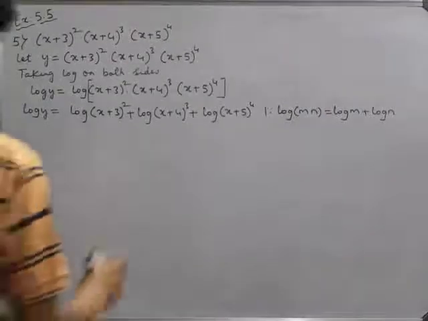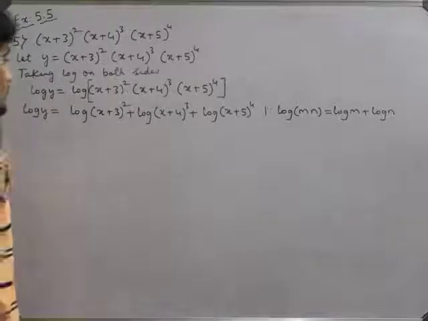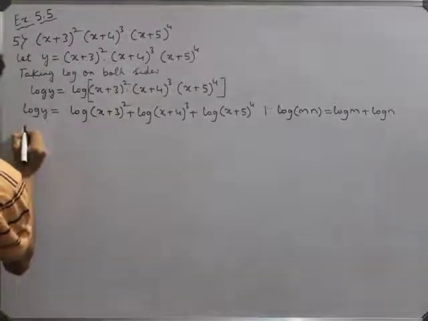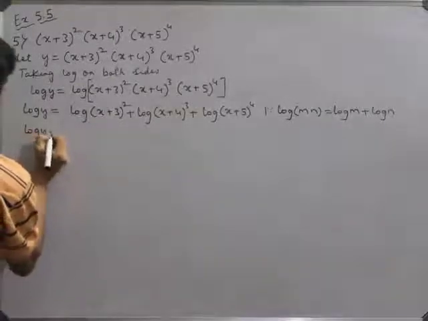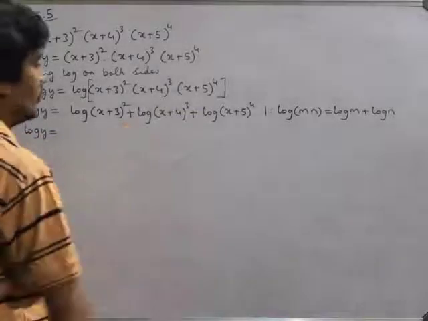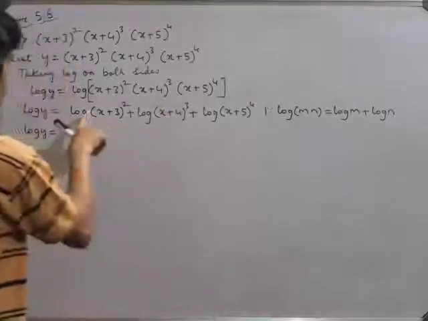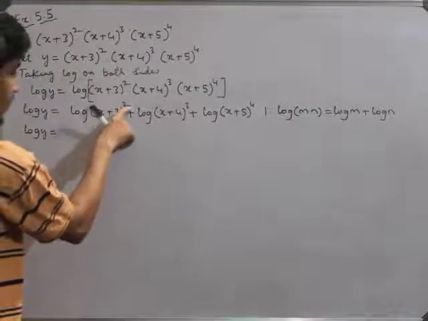Next, it is still not converted to simplified form. So write it like this: log y is equal to... what do you have to do? Another law of logarithm: log of a raised to m is m log a. Here it is of the form log of a to the power of m.